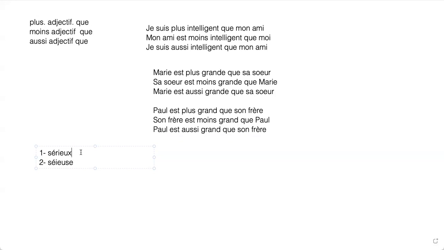Par exemple, we say un garçon sérieux, but we say une fille sérieuse, because fille is a girl, but garçon is a boy. So for this one, we say sérieux, and for the girl, we say sérieuse.